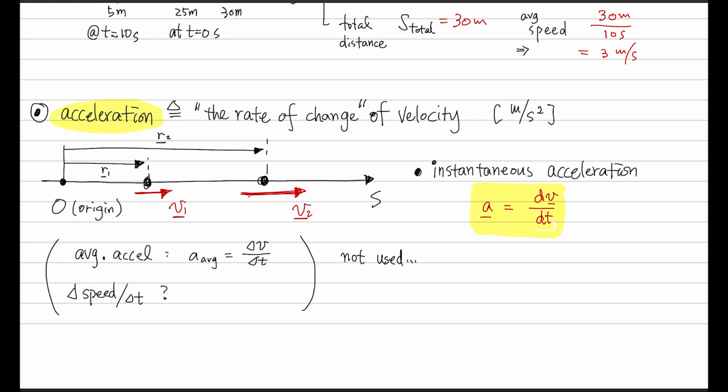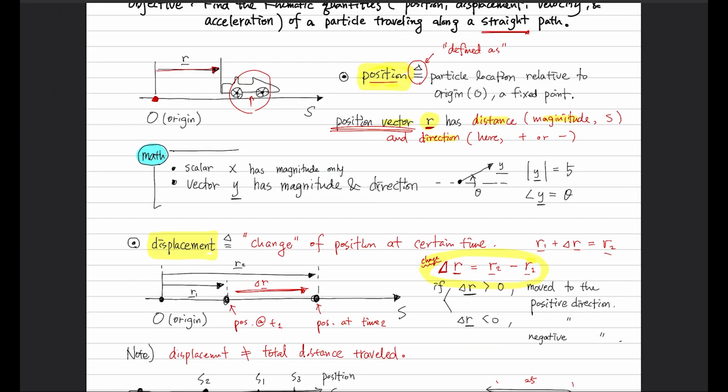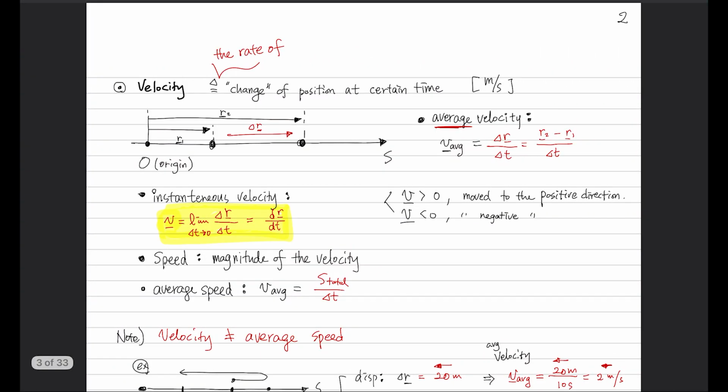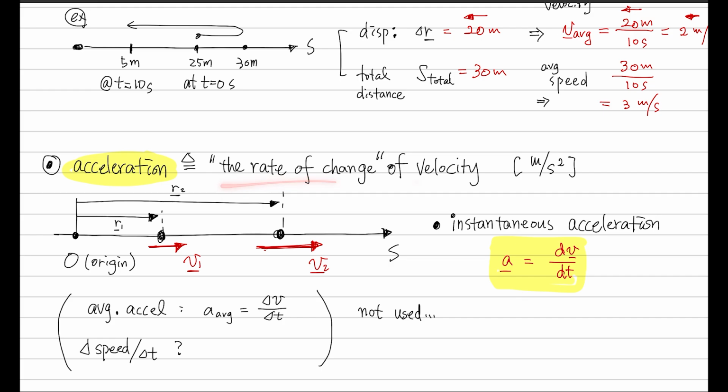Okay, so far we talked about a few things. Position, right? And displacement. Position is literally the location where it is, and displacement is the change of that position. And then velocity is a rate of that change of position, and dr dt is your velocity, and acceleration is the rate of change of velocity.